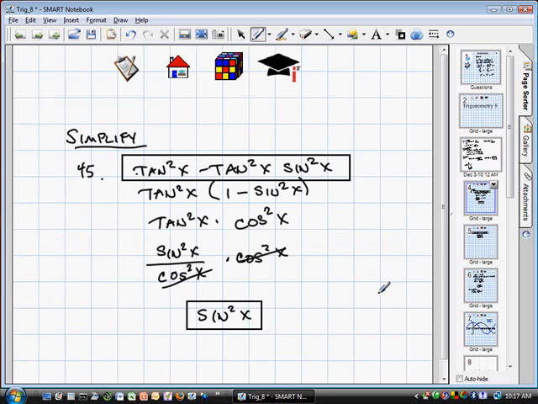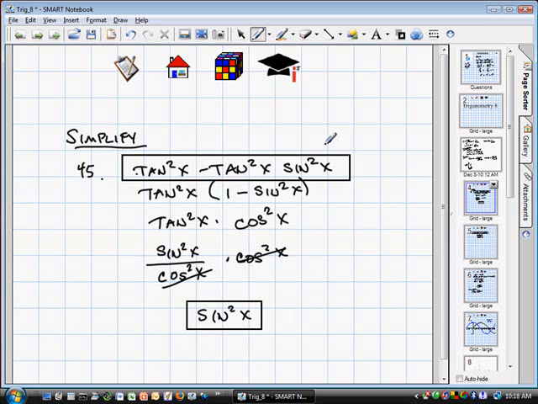Here's an identity they're asking us to prove. You know, I think this is supposed to say, oh no, this is not prove, but simplify. So given that expression at the top of the page in the box, simplify it as much as you can.